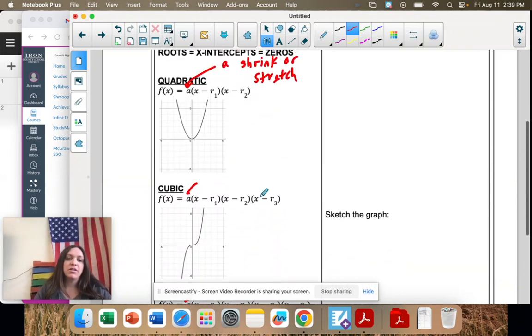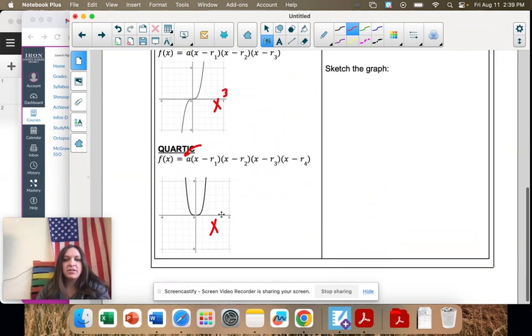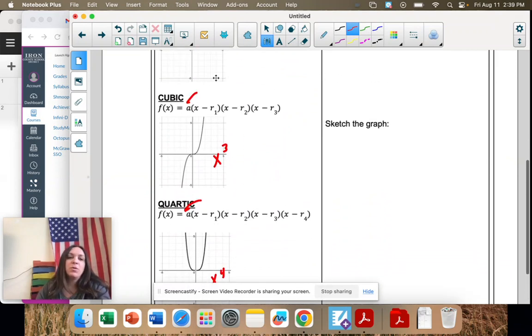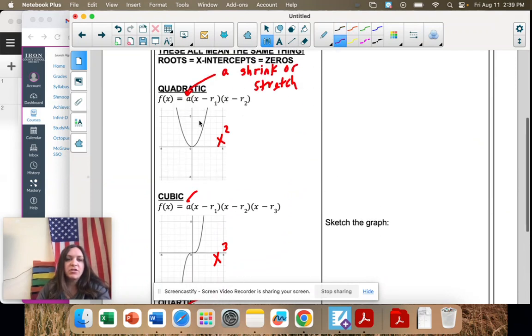And these graphs here, we call them the parent functions. So this is x squared, this is x cubed, and this is x to the fourth. But once we change the numbers and make them factors with leading coefficients, most of the time they move around and they're going to look like this.